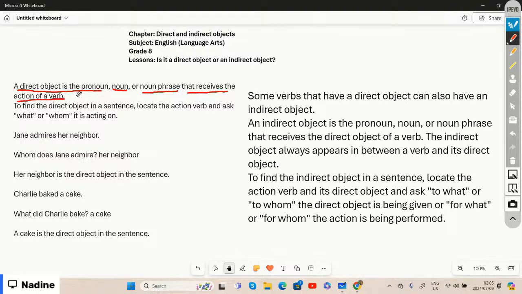So once again, a direct object is the pronoun, a noun, or noun phrase that receives the action of a verb.